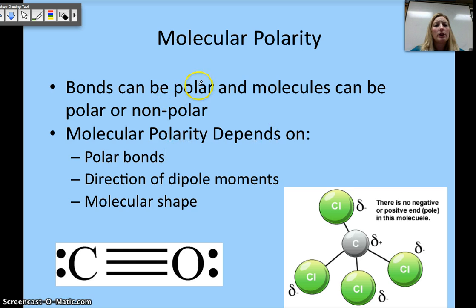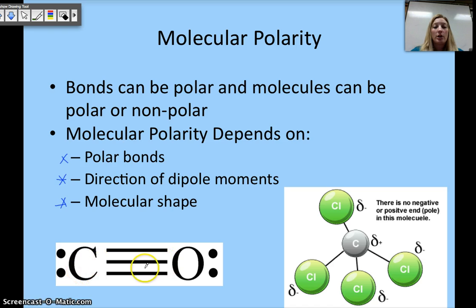So bonds can be polar, and molecules can be polar or nonpolar, even if they have polar bonds within them. There's three things that we're looking at for molecular polarity: polar bonds, the direction of all those dipole moments, or where all those electrons are being pulled, and what the molecular shape is. That's what we worked on with that app the other day.